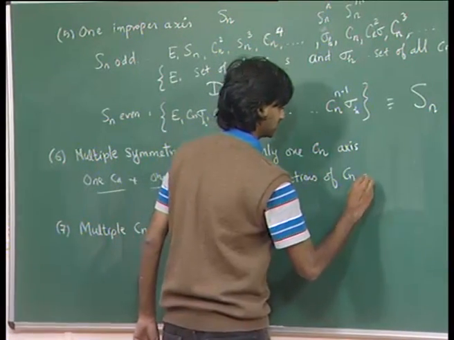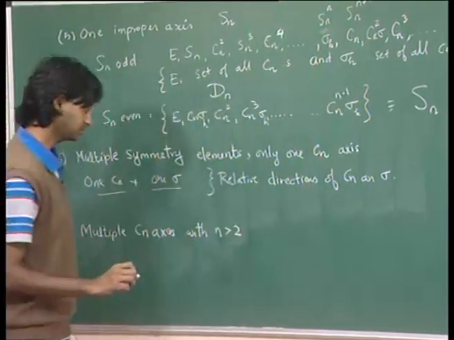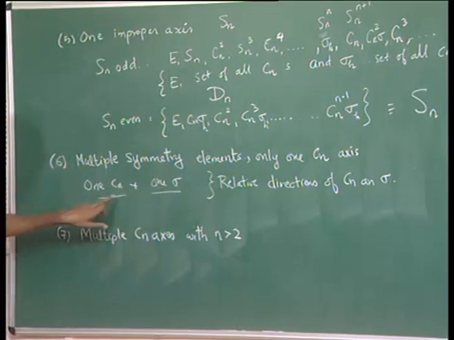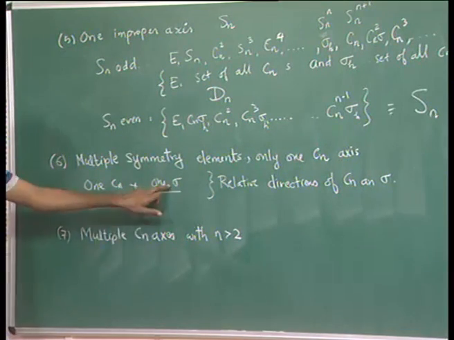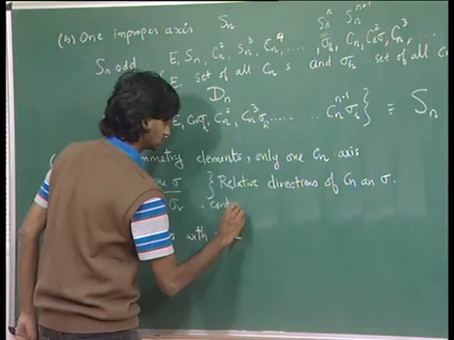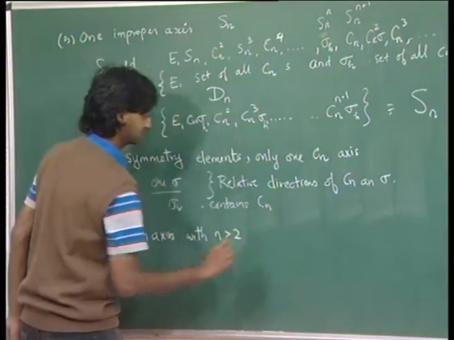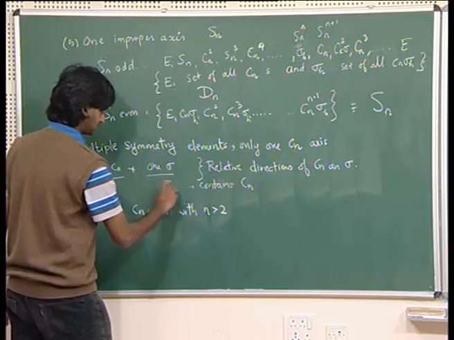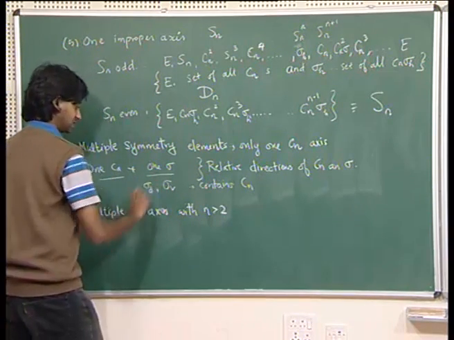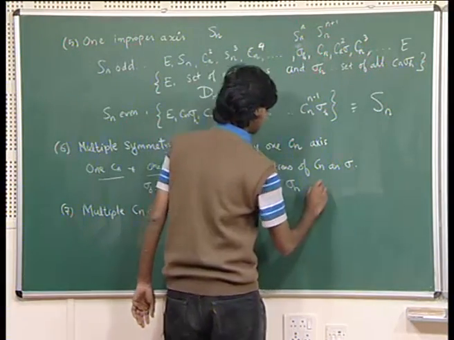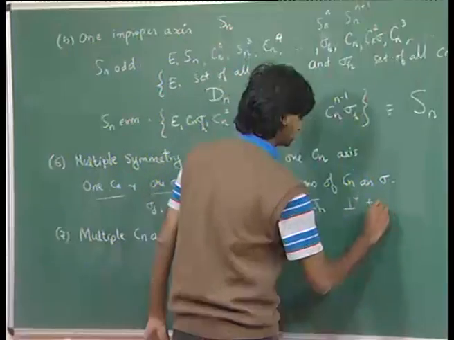So if sigma contains the C_n axis, then it is called sigma_v. Sigma_d and sigma_v contain C_n, and then sigma_h is perpendicular to C_n.